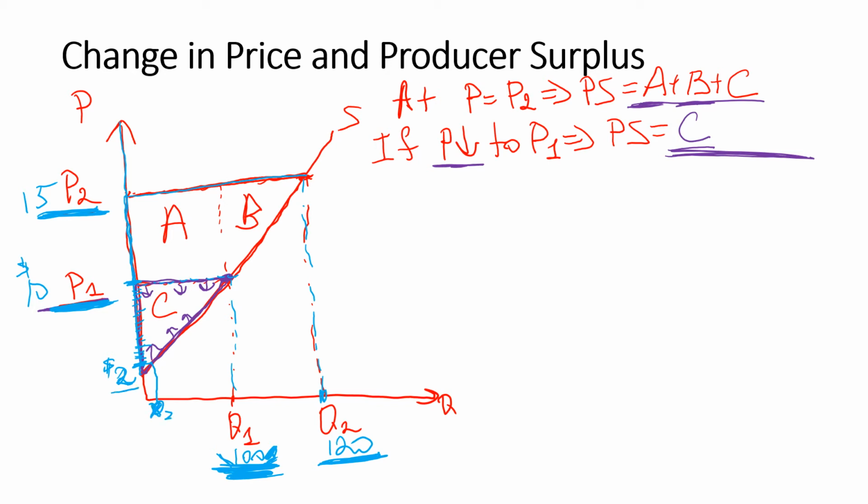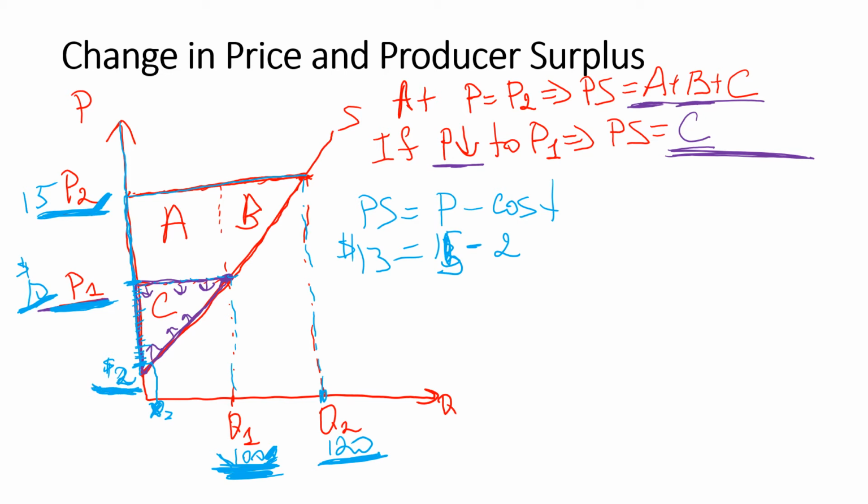If my cost of production was 2 and the price initially was P2 at $15, my producer surplus, only for me, just one person, was, remember, price minus the cost. So the price was 15, the cost was 2, and my producer surplus was $13. Now when the price decreased to $10, am I still going to sell the product? The answer is yes, because my cost of production is only $2.